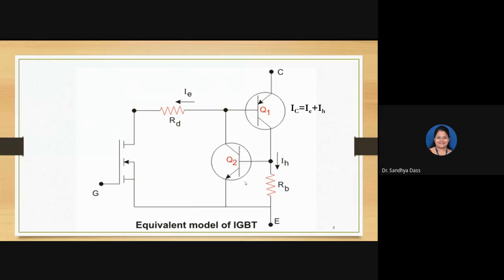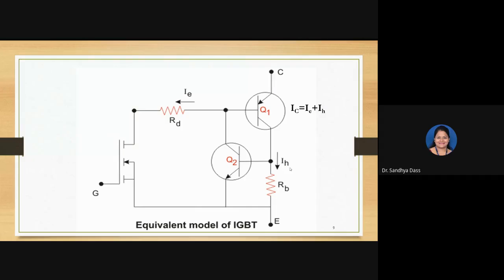Again, to understand the working, you should know the internal structure and working of MOSFET and BJT. In IGBT, there is a peculiar phenomenon that is observed, which we call latching up of IGBT. So what is this latching up?